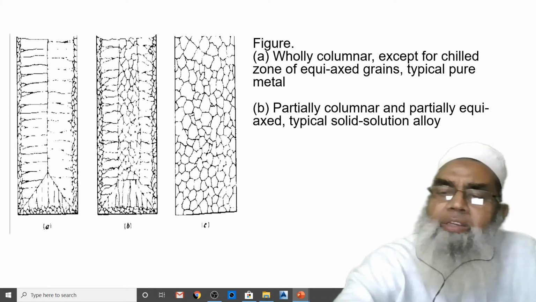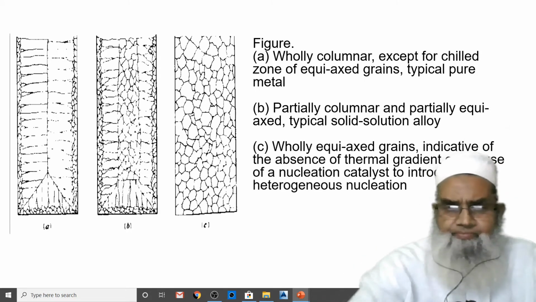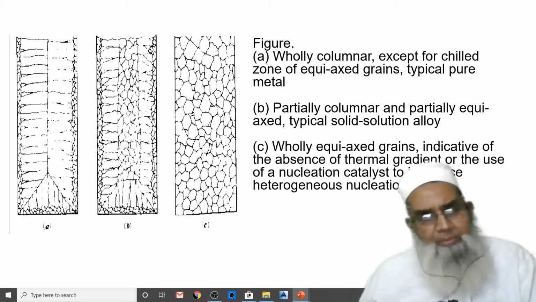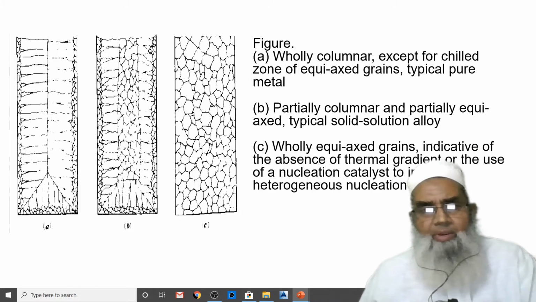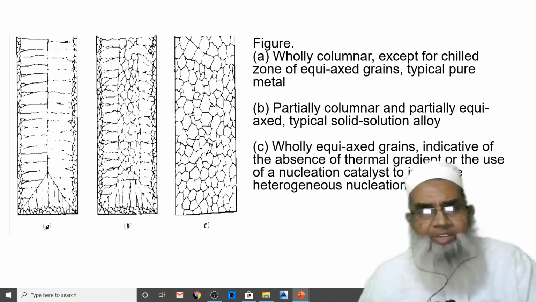However, in case of very low or absent thermal gradient, nucleation takes place throughout the structure, causing equiaxed grains. This can also be achieved by using a nucleation catalyst, and having heterogeneous nucleation throughout the cavity.